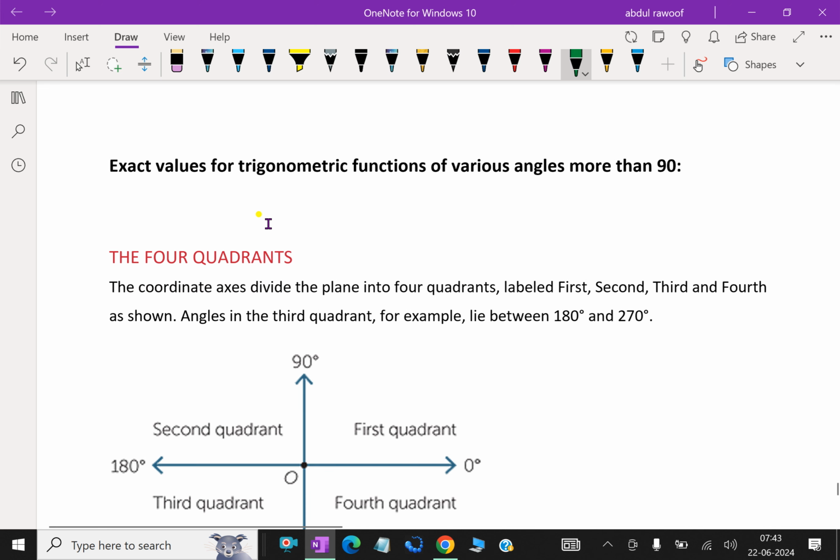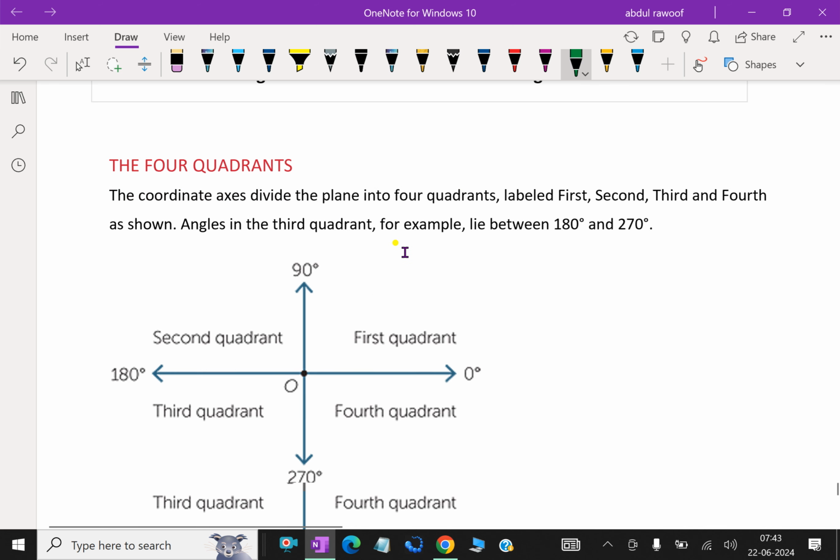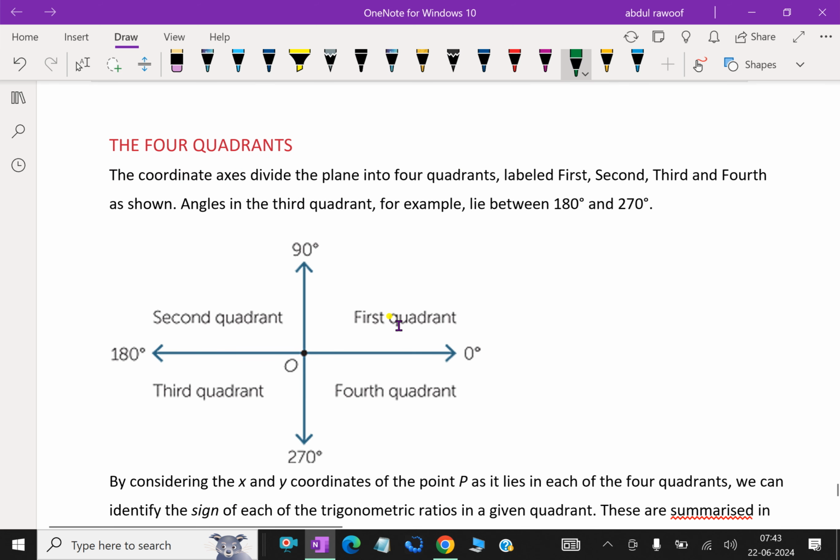Next is exact value of trigonometric functions of various angles more than 90 degrees. Here we know that the four quadrants go from 0 degree in the anti-clockwise direction: first quadrant, second quadrant, third quadrant, and fourth quadrant. The fourth quadrant is 270 to 360 degrees.